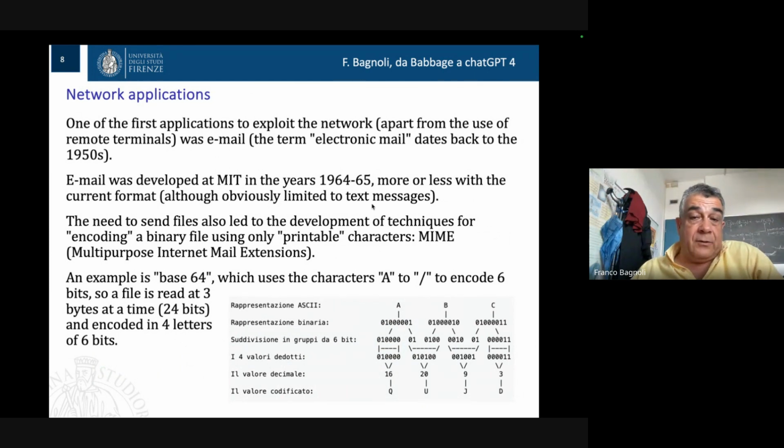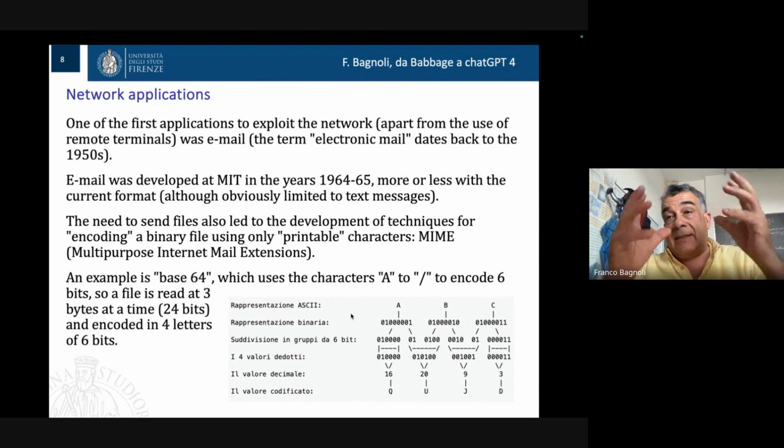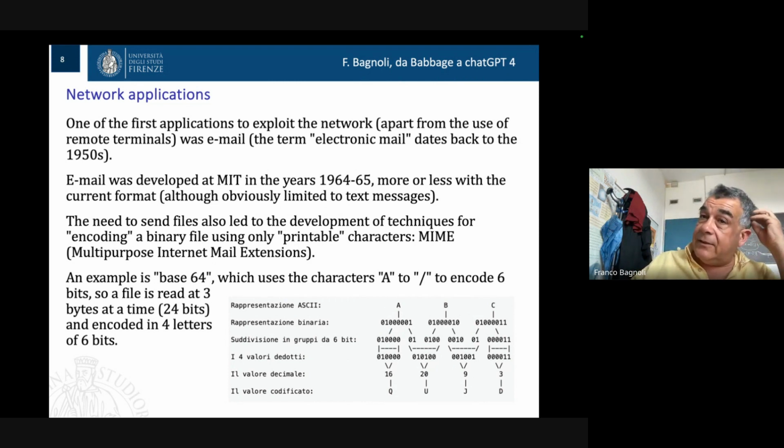It is very old. You can see that it is at the beginning, so mid 60s, and the format has not changed a lot, except that now the way of embedding non-textual material is included into the client, so you attach, for instance, a file or an image without problems.